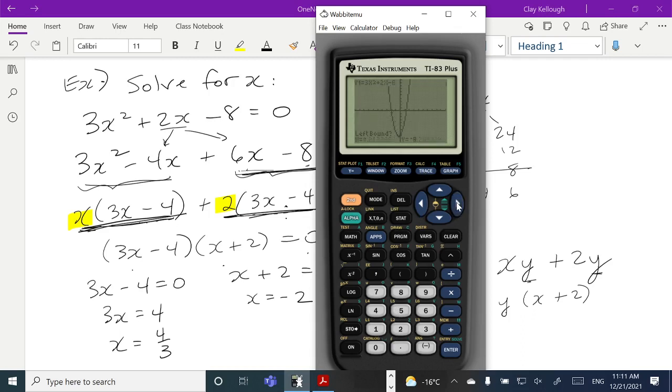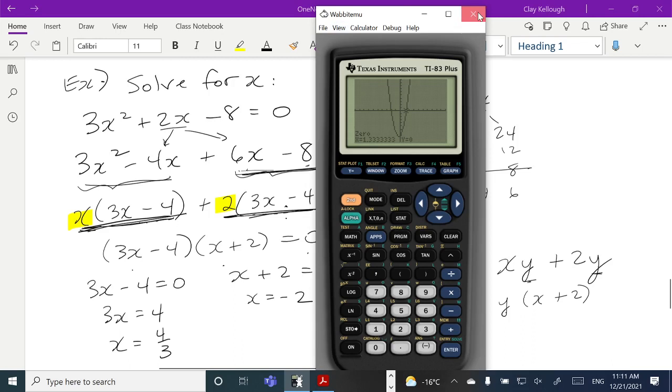So I'm going to go to the left of this other x-intercept, and then move to a right boundary past it, and then hit enter, ignore the guess, and what's 4/3 as a decimal? It's 1.3 repeating. 1.3 repeating is the other answer.